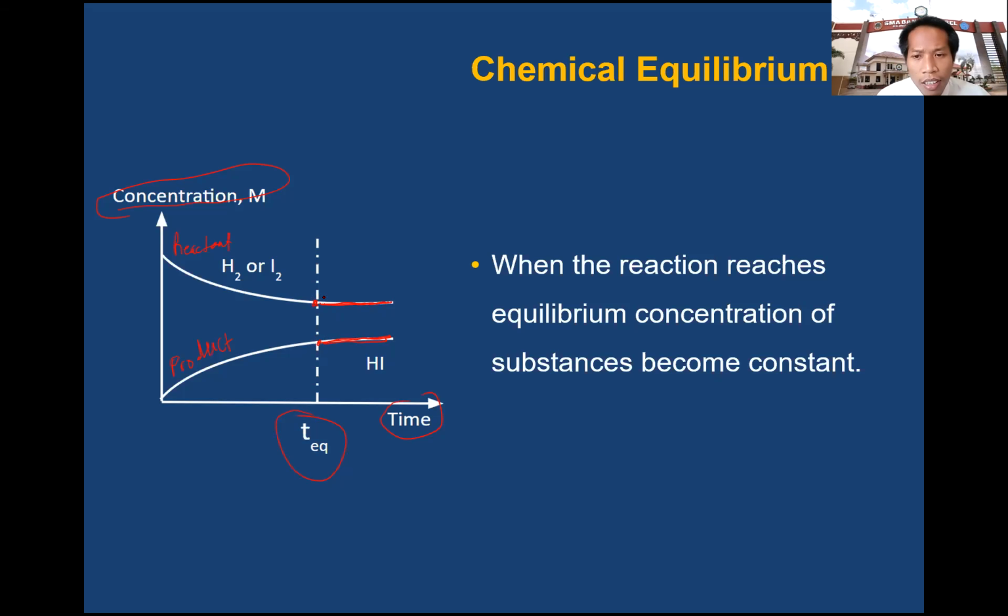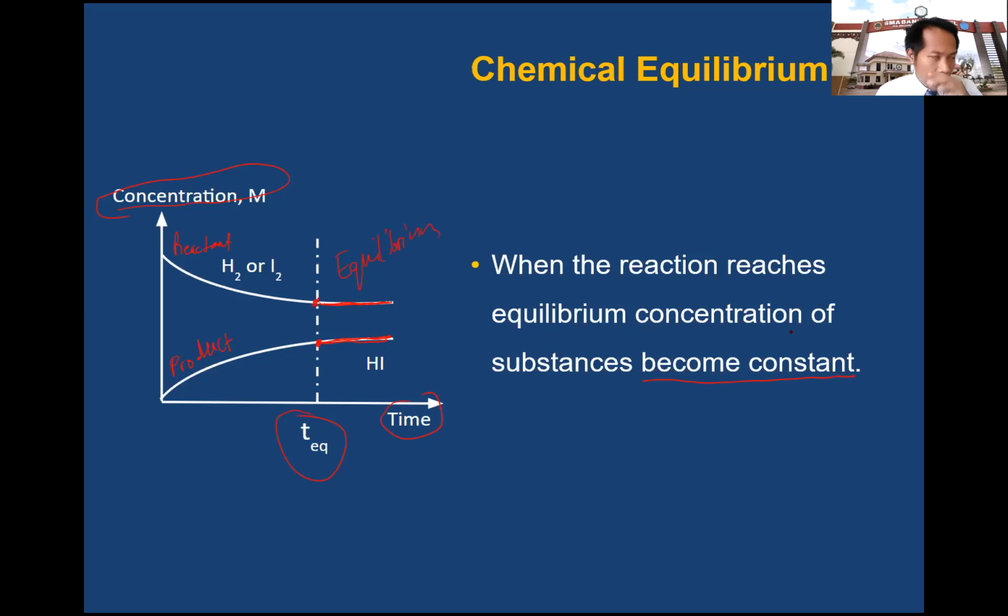As you can see here, this area is equilibrium after the equilibrium point. The concentration of the reactant and the concentration of product are not the same. This is the point. Their concentrations are not the same, but both of them will become constant.